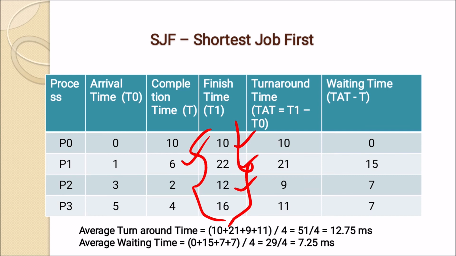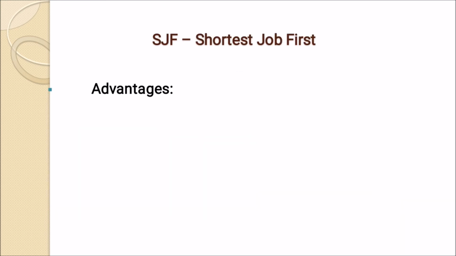From that we can calculate the average turnaround time: 10 plus 21 plus 9 plus 11 divided by 4, which is 51 divided by 4, equal to 12.75 milliseconds. And the average waiting time is 0 plus 15 plus 7 plus 7 divided by 4, so 29 divided by 4, which is 7.25 milliseconds. So this is an example of shortest job first.